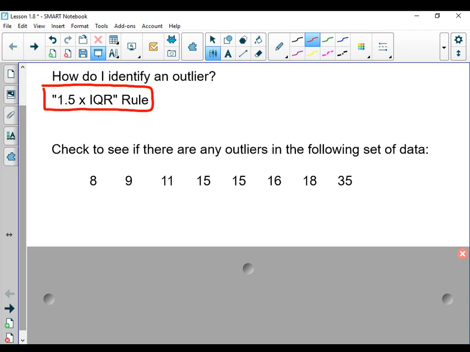So we've got to figure out what the IQR is, which means I need to know what Q3 is and what Q1 is. Well, we can punch these into the calculator and do our 5-number summary like normal. So let's go ahead and start with that. Go ahead and punch those values in, and we'll find out what our 5-number summary is, because that'll tell us what Q3 and Q1 will be.